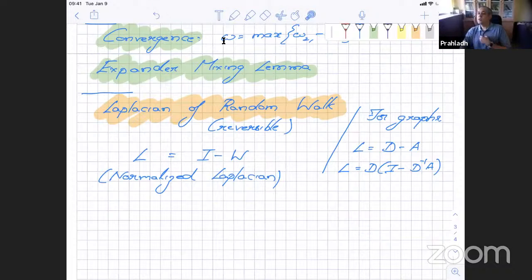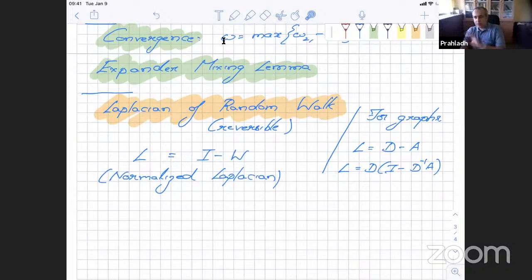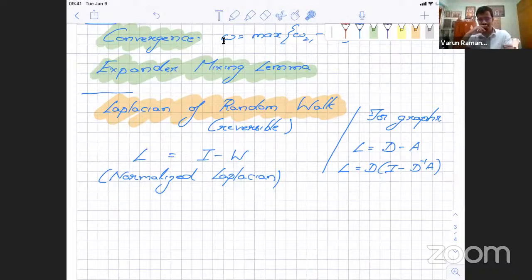But W is not necessarily a symmetric matrix. Still, it is the same in that sense. But I don't want to think of W as edge weights. The edge weight for an edge is pi i times Wij. That's what the edge weight is.